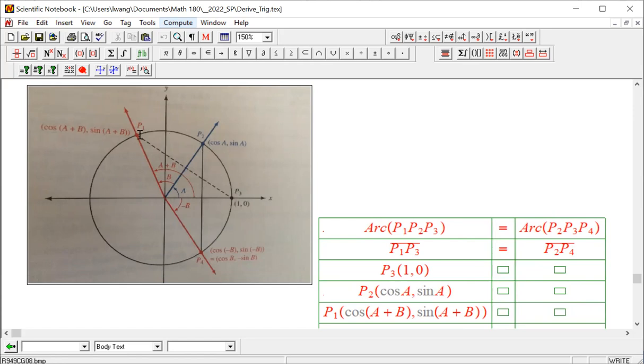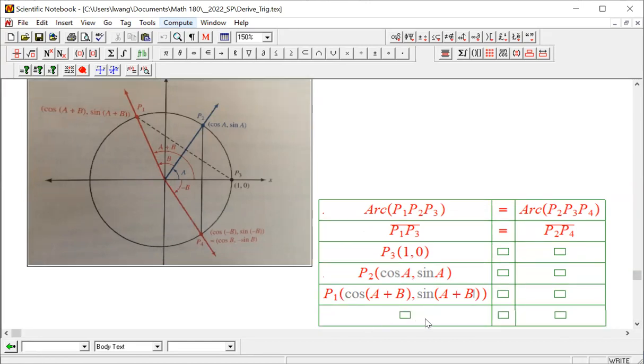Now P3, P2, P1, and the last one is P4. P4 is on the terminal side of negative B. So according to the definition, P4 is the point cosine of negative B and sine of negative B. But cosine is an even function and sine is an odd function.